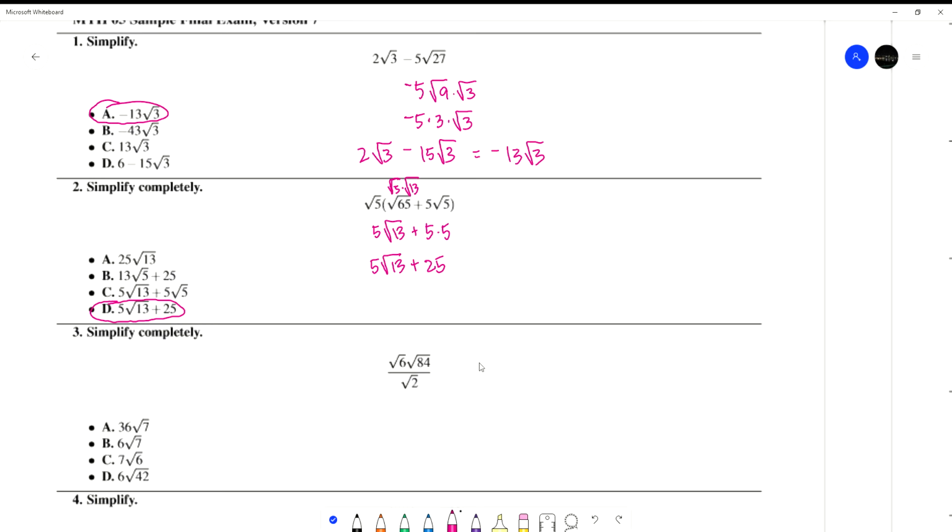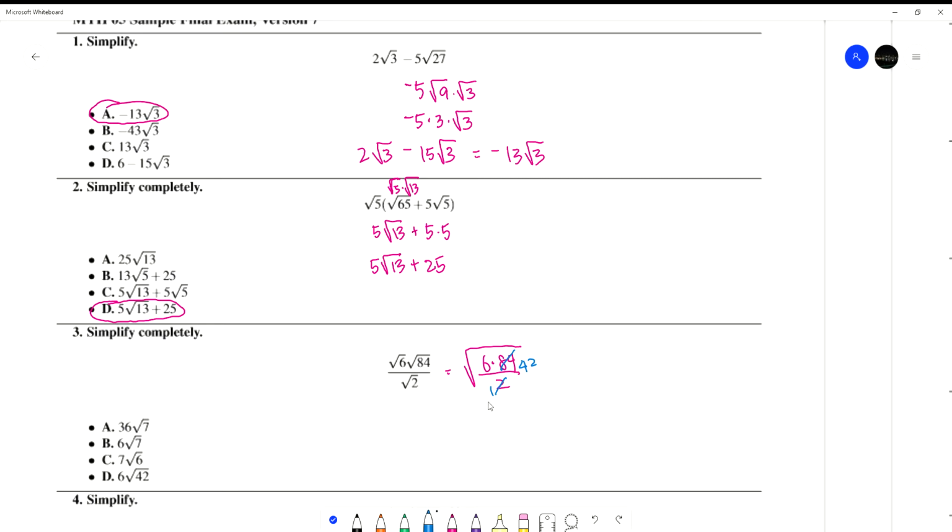I see we could write this as one large radical, right? This is 6 times 84 over 2. And you can remember that the 2 divides into the 84, right? So you could do 42 here. Okay, wait. So when I was doing these, I got it wrong because I didn't simplify.